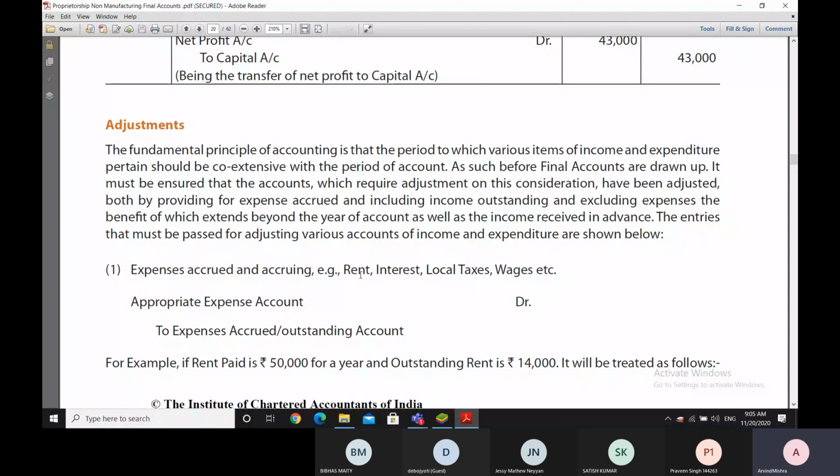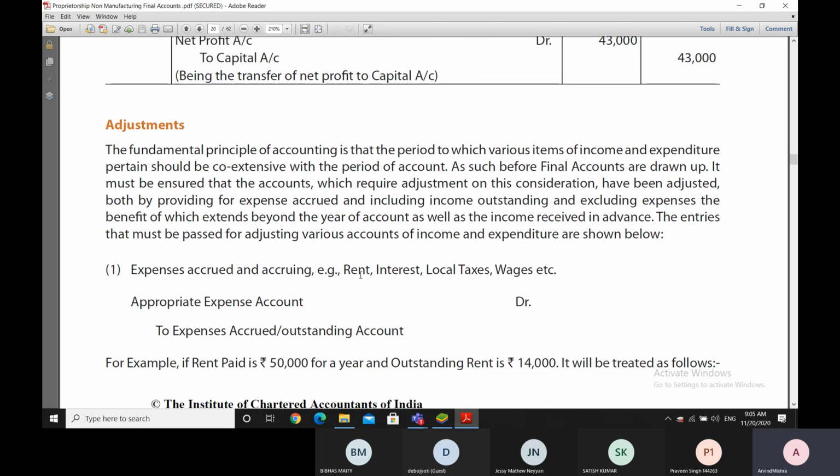Now let us see that what adjustments will be required to be made once we have transferred the expenditures and the incomes into the profit and loss account and the trading account. And in relation to the adjustments, we have to understand the fundamental principle of accounting that is being used.